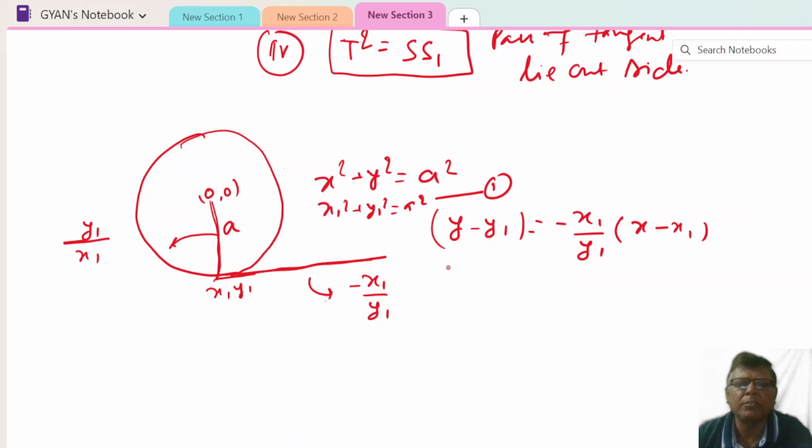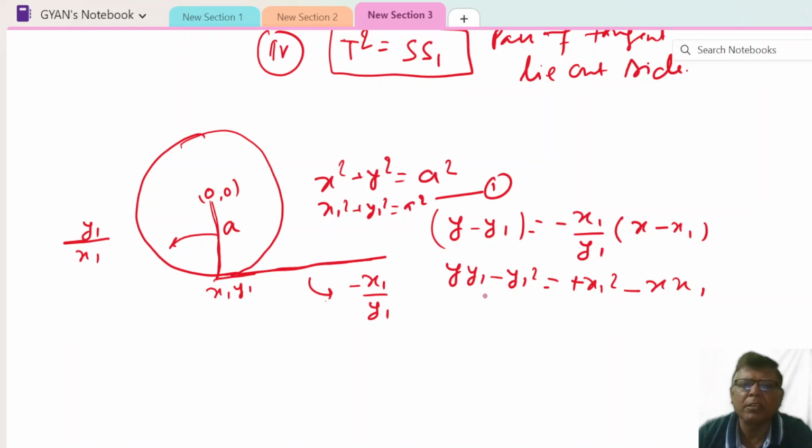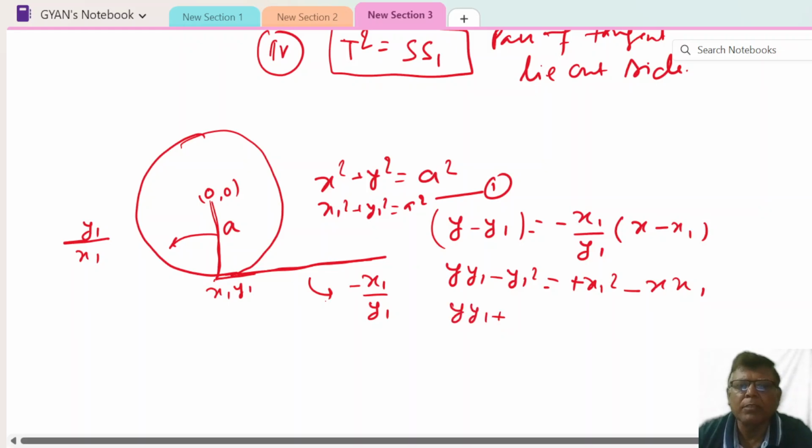Now complete this: yy1 minus y1 square is equal to minus xx1 plus x1 square. Bring xx1 here and the rest there. So yy1 plus xx1 is equal to y1 square plus x1 square, and that is equal to a square.